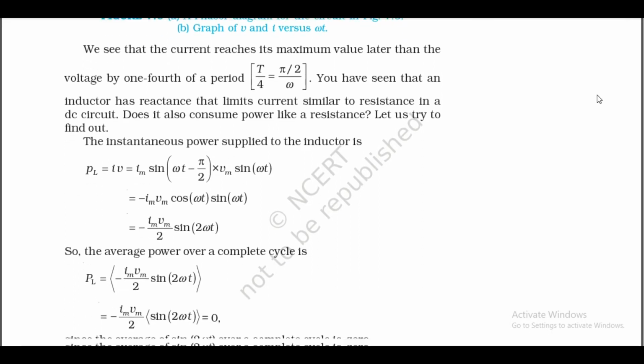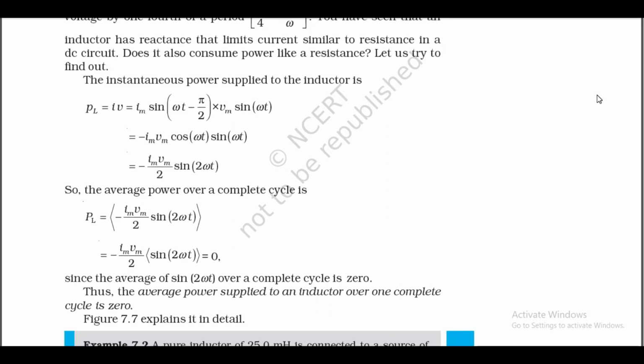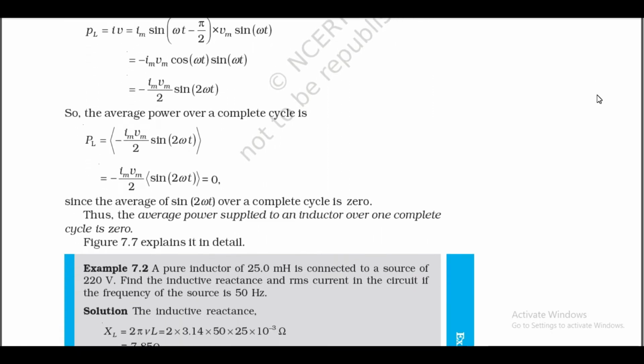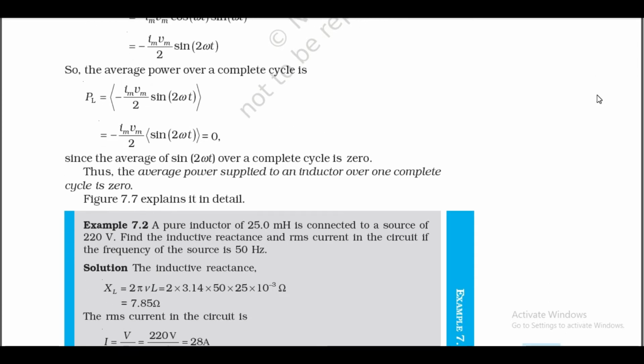So the average power over a complete cycle is PL = −(im Vm/2) ⟨sin 2ωt⟩ = 0, since the average of sin 2ωt over a complete cycle is 0. Thus the average power supplied to an inductor over one complete cycle is 0.